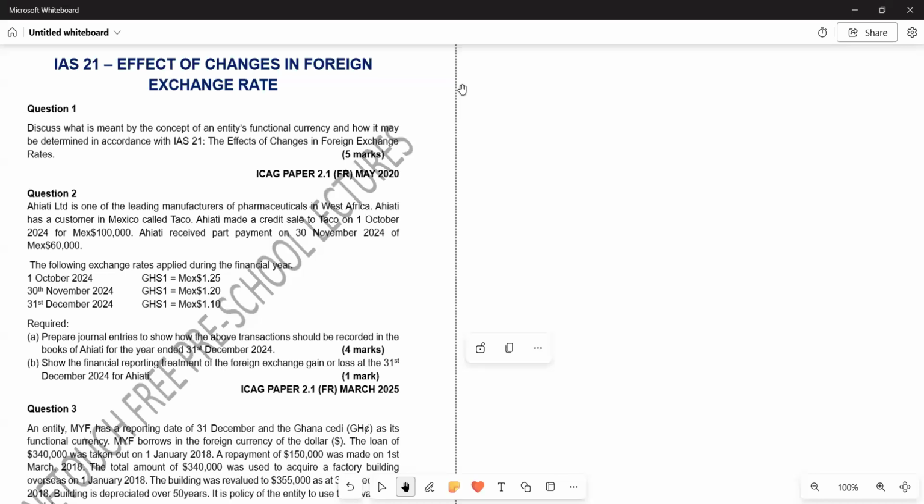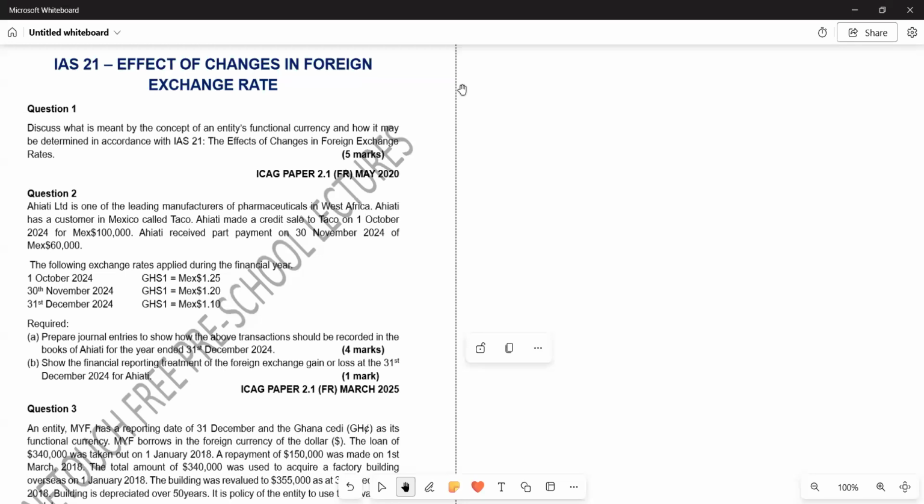Discuss what is meant by the concept of an entity's functional currency. That's the first part of the question. You tell us that the functional currency is the currency used in recording the books of account or the day-to-day transactions of the entity, full stop. Then you add the 2 issues: that the functional currency is determined by 2 or more factors.